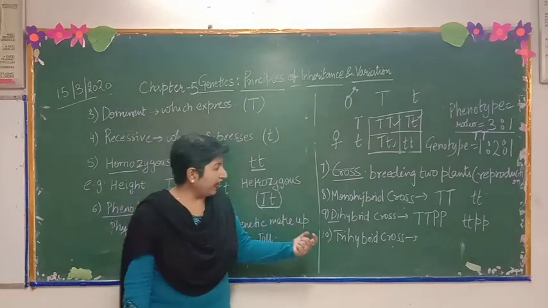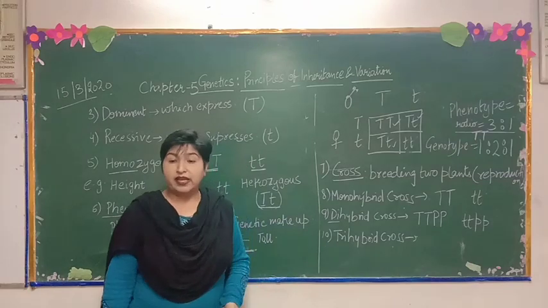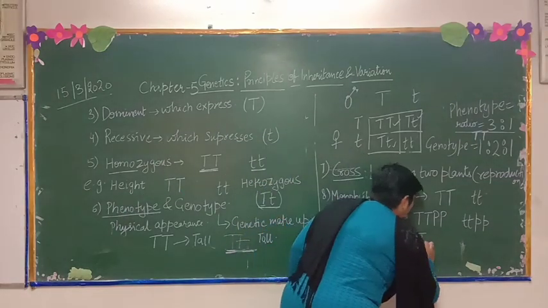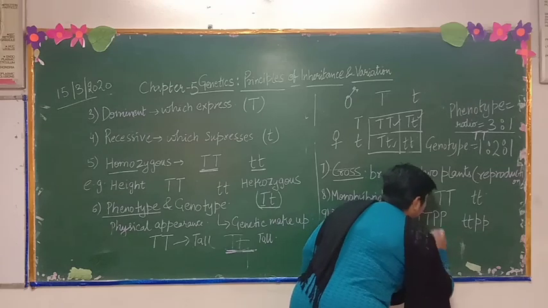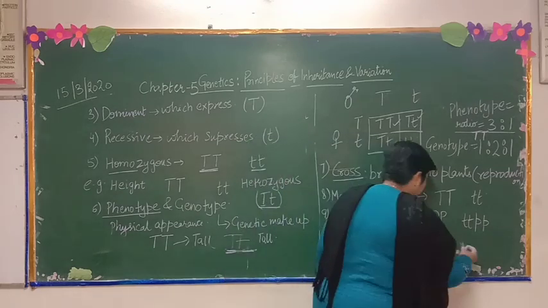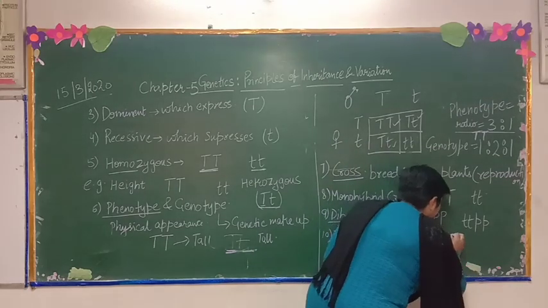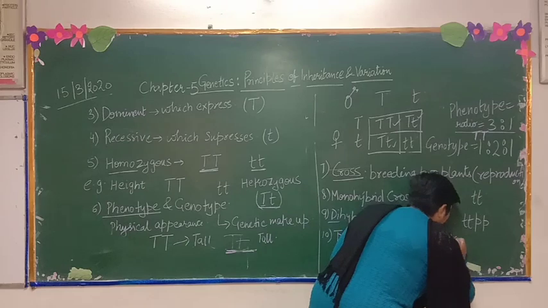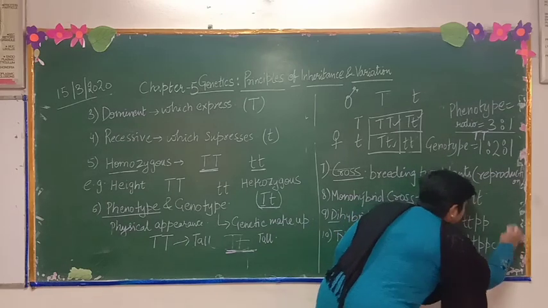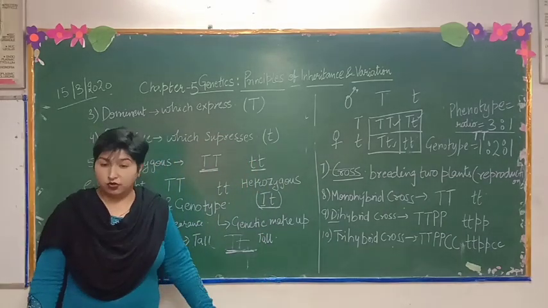For example, we can take tall, purple, as well as seed color, capital C and small c. So this is trihybrid cross.